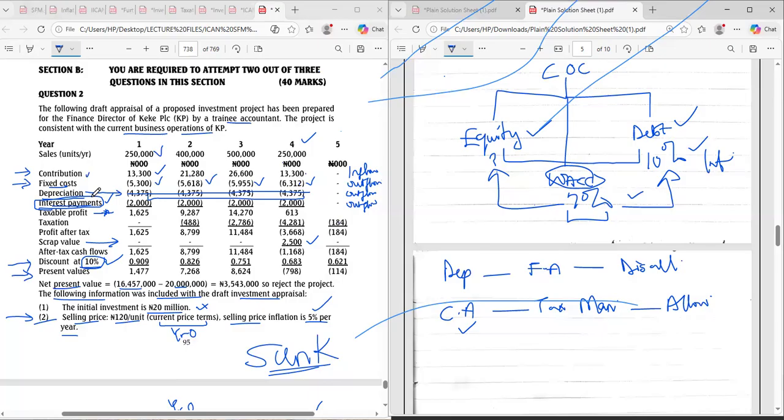If they say trainee accountant, OND, HND, BSc, MSc, I will not say anything. This is more rigorous than MSc. No lecturer will be taking time to explain this thing for you. I don't know about your lecturer.